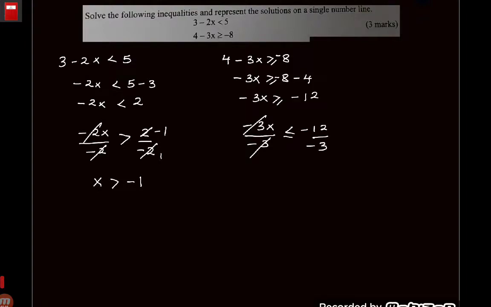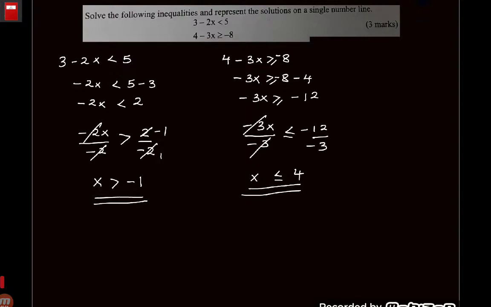Negative 3 and negative 3 would cancel, so that we have x is less than or equal to positive 4, meaning that x is ranging from negative 1 to positive 4. That is the range of the value of x. The smaller answer is negative 1, the larger answer is 4.